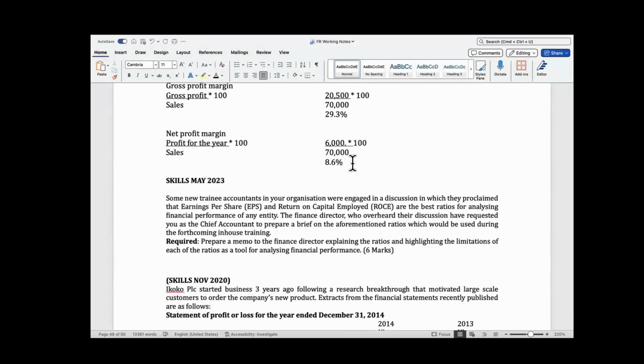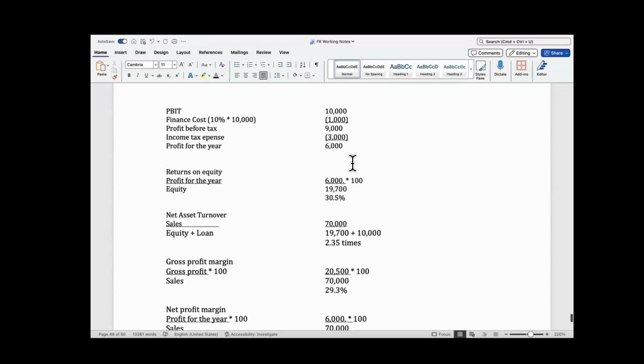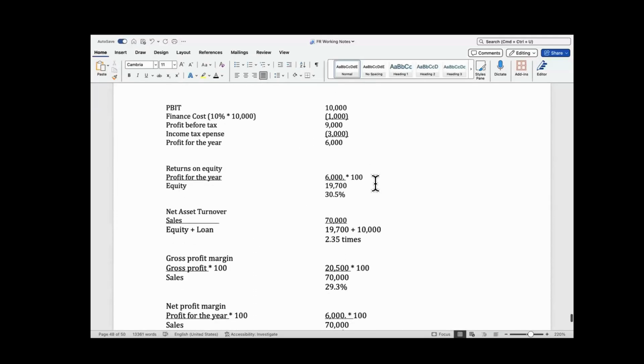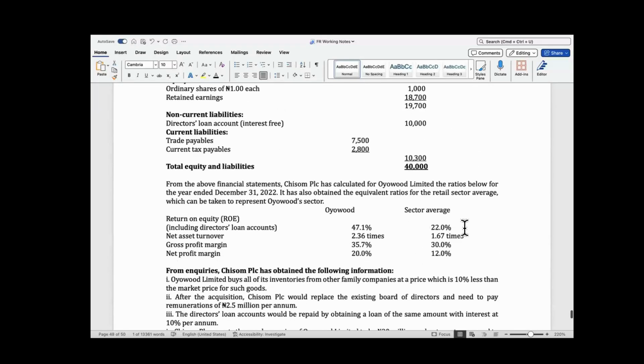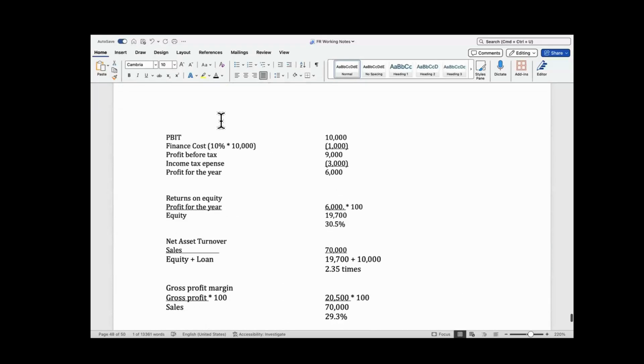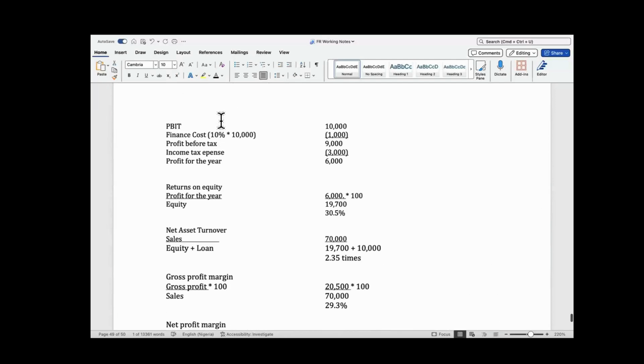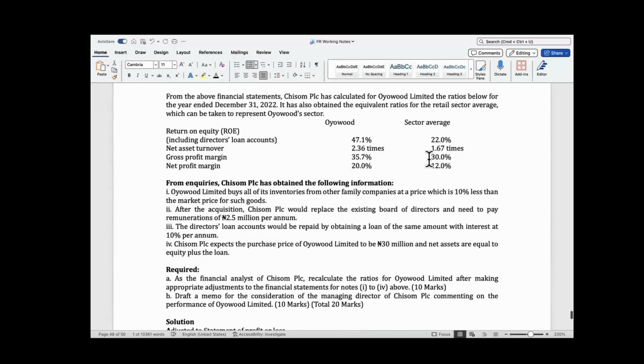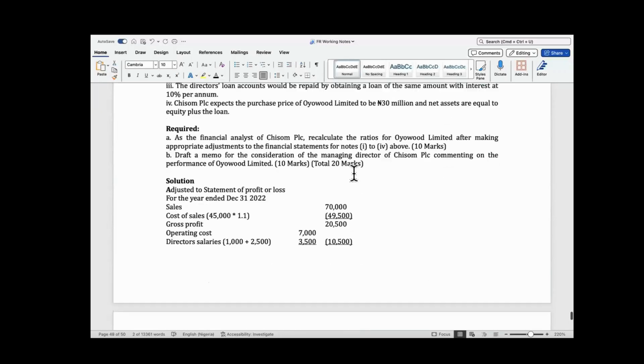So I'll draft it and share it with you guys because it's the same analysis we have been doing. There is nothing special for me because I'll be comparing now 13.5% to 22, is still better than industry average. 2.35 times is still better than industry average.